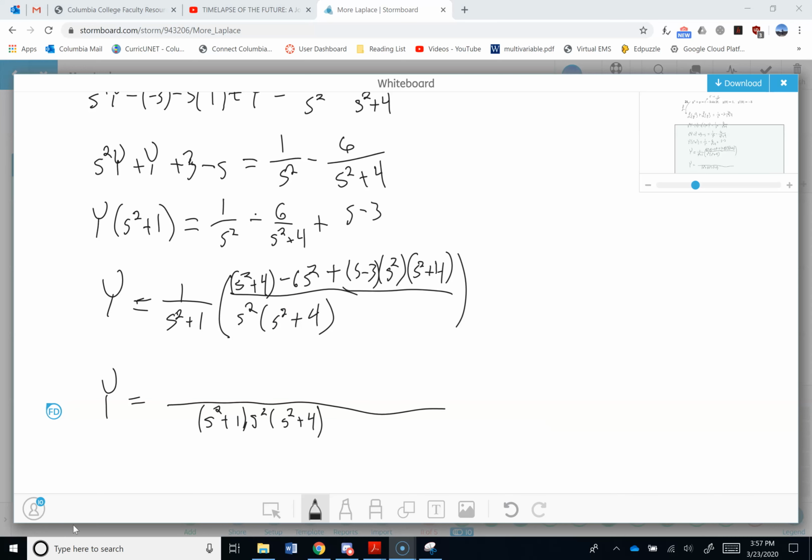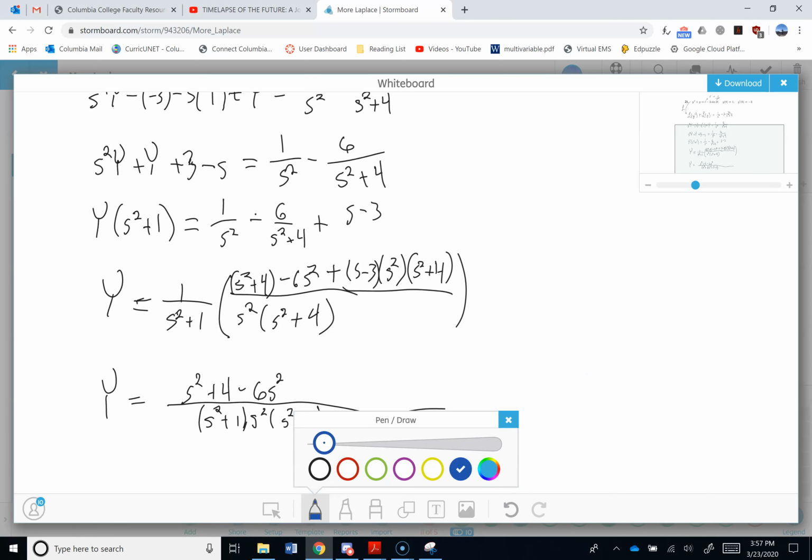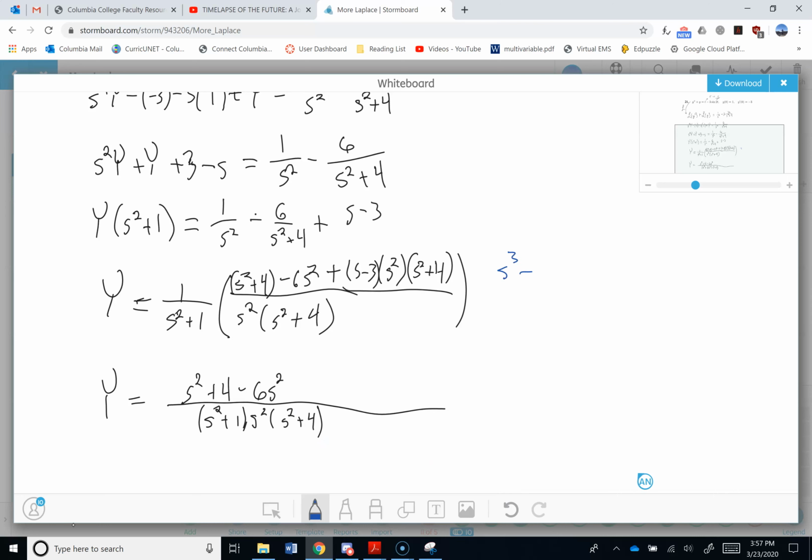Okay, so all told on the top here, I have an s squared plus 4 minus 6s squared, and then I need to multiply that out. So over here in the margin, I've got s cubed minus 3s squared times s squared plus 4.